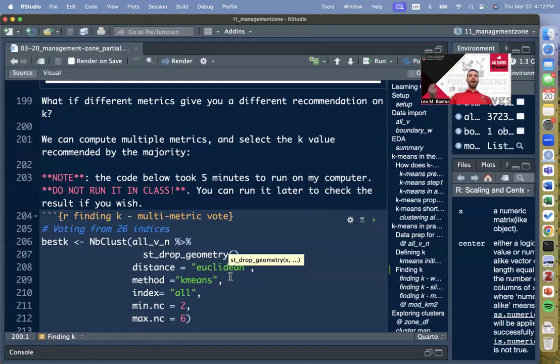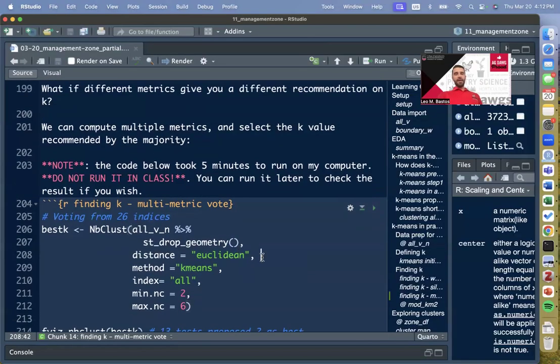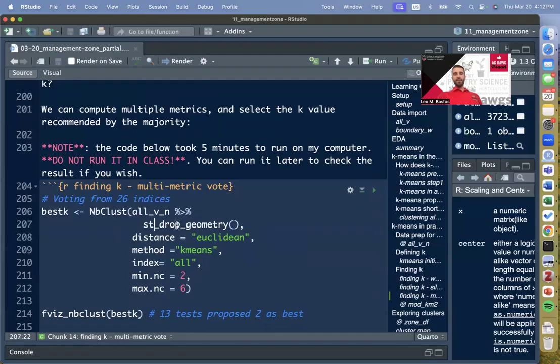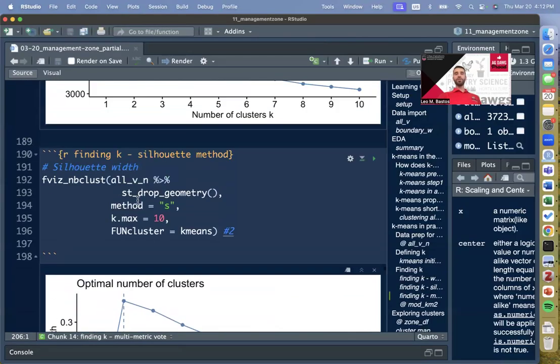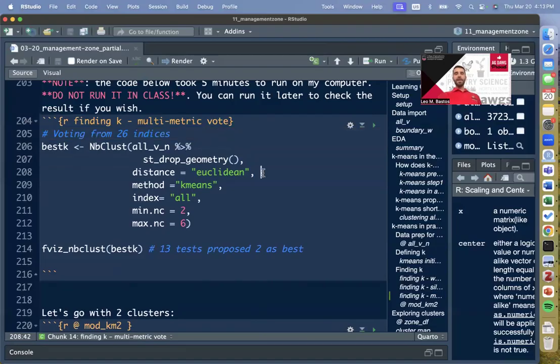metrics. I have a note here saying, do not run this code in class because it's going to take a while. The reason it takes a while is because it's going to run 26 different metrics. So we just saw 2 metrics. It's going to run 26 different metrics and give you a recommendation on how many clusters you should have.